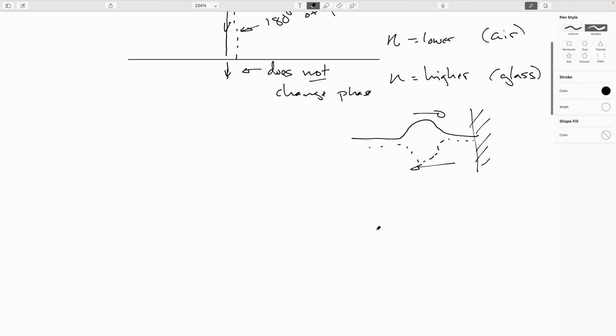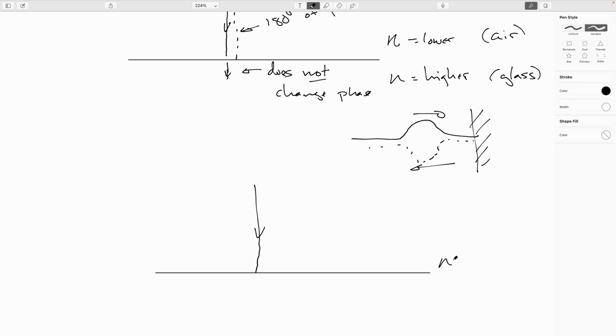Now, if you have the reverse situation, say you have a ray of light coming in like so, and here is the higher index of refraction and this is the lower index of refraction.